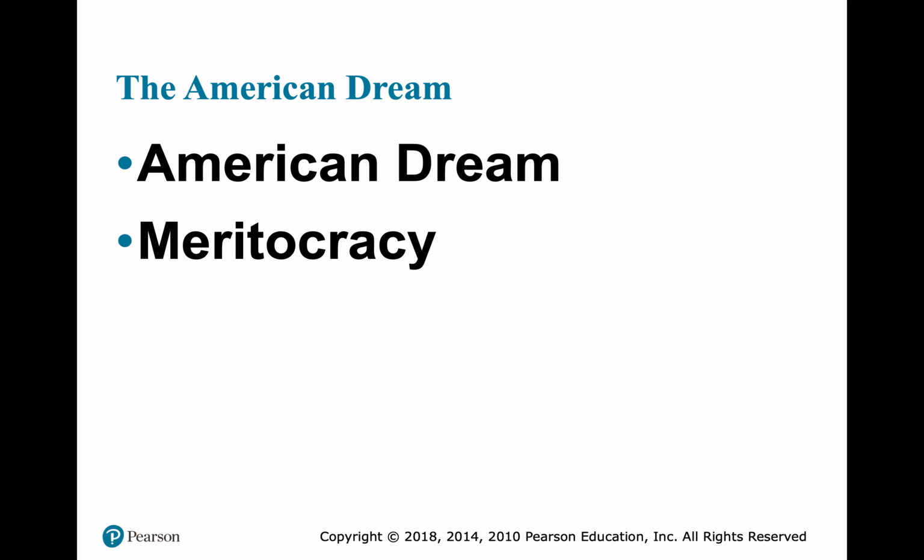It explains the country's political and social structure, incorporates the nation's stated ideals of liberty, equality, and the pursuit of happiness, and provides an explanation for the success of Americans, as well as a justification for other families and groups' financial struggles. So meritocracy describes a belief that individual success is based on personal skill, ability, and work ethic rather than external factors. So that kind of individualist way of viewing things. You know, you work hard, you get further in life.